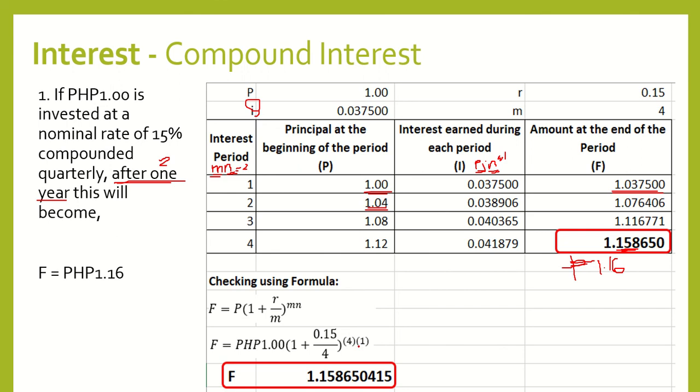Then your n is equal to 1, since in the problem it's only 1 year. It would result to 1.1586, approximately, so since we round it, 1.16 pesos. So this is how compound interest works.